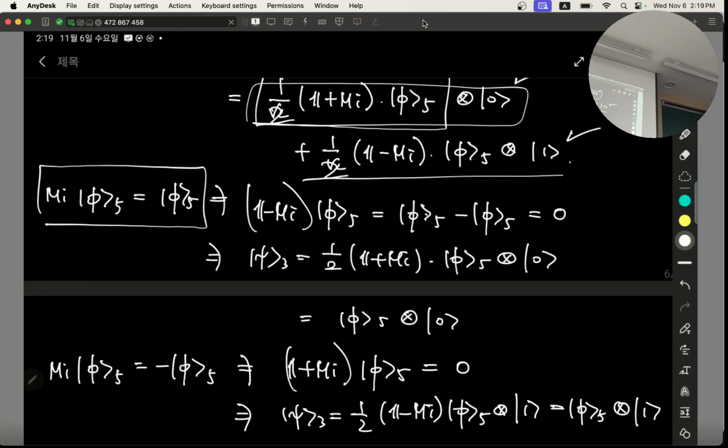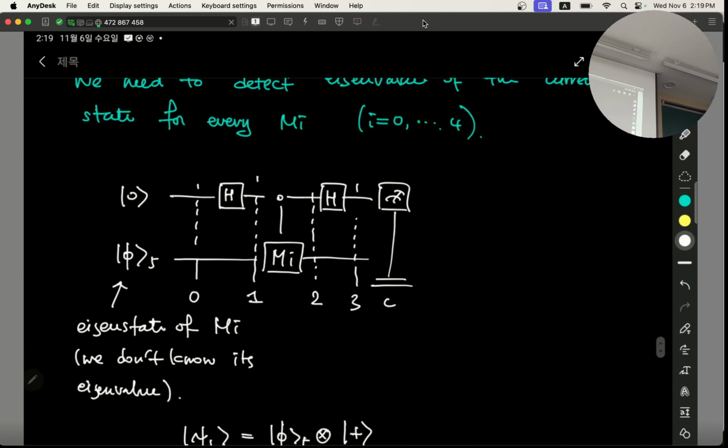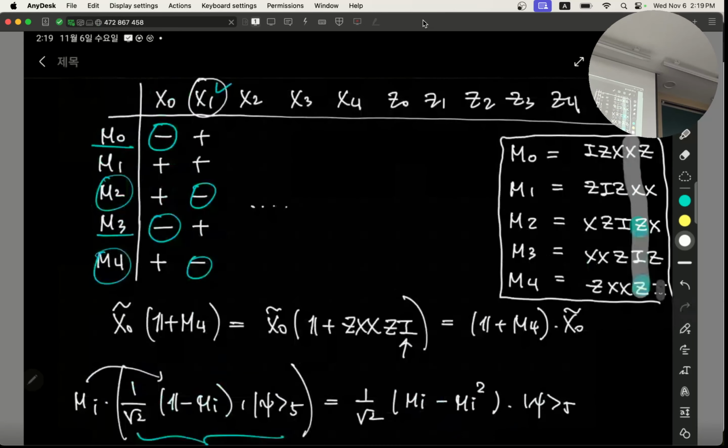What you get is, if there is no error, everything is positive, everything is read off as 0. But if there's an error, then you will see 2 ones in some places, according to the table.